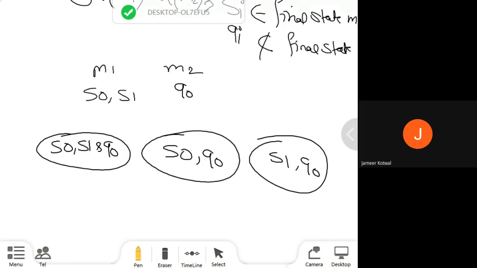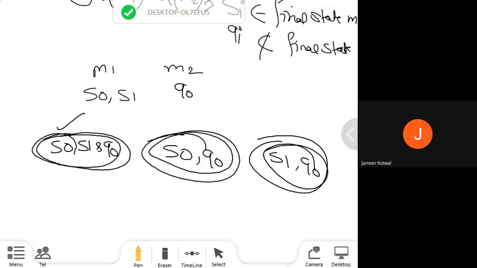So I will define this one as also a final state, this one will be a final state, and this one will be a final state. Why? Because it belongs to a final state for machine M1 and M2. It should not be like, now that there are 2, both of them must be there, or here this one is there and this will not be there.